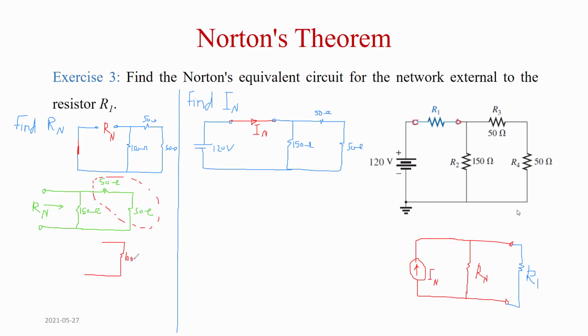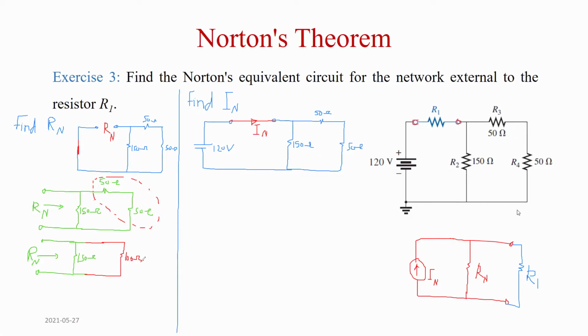It's just the sum of these two because they're connected in series. Then everything else is still the same. 150 ohm, and this is Rn between these 2 points.